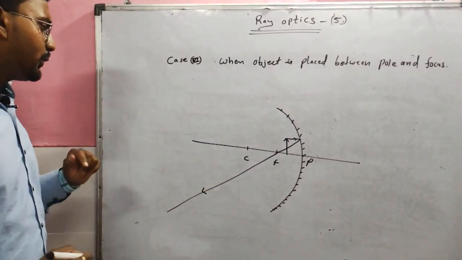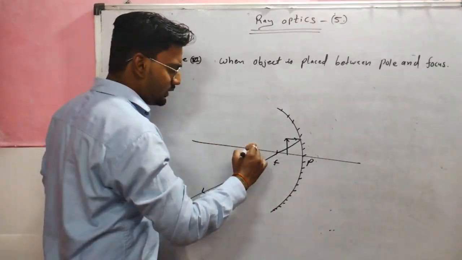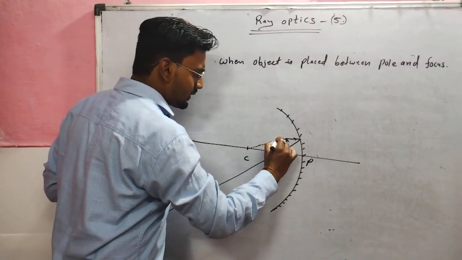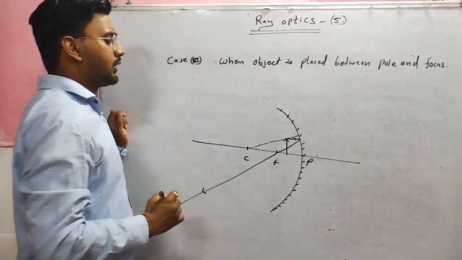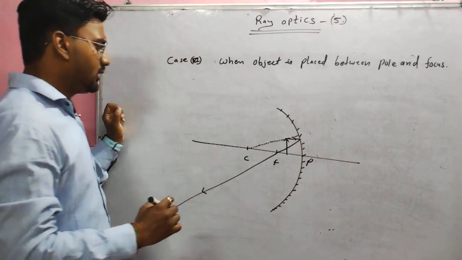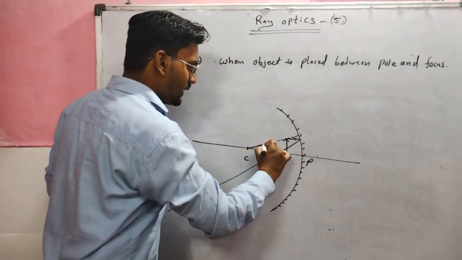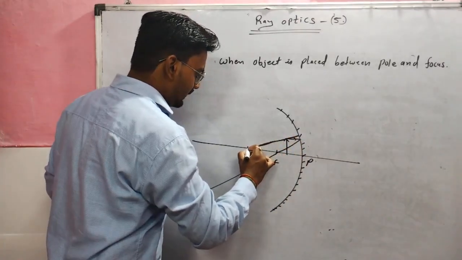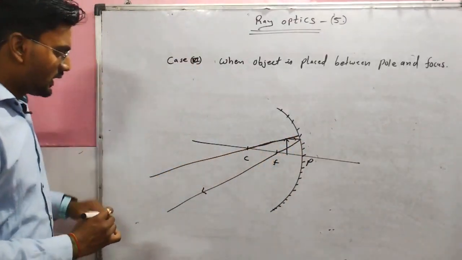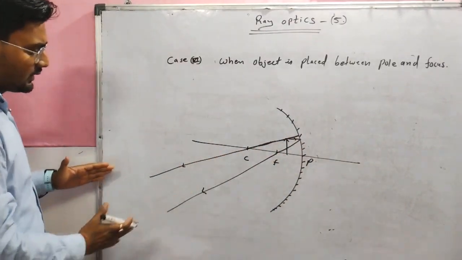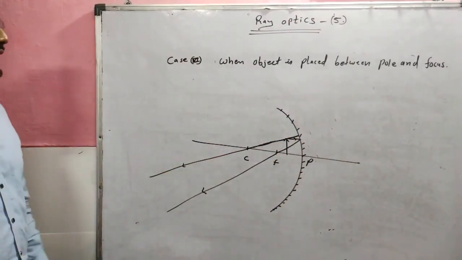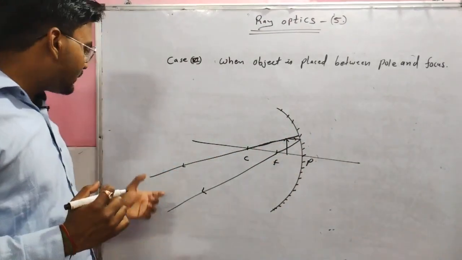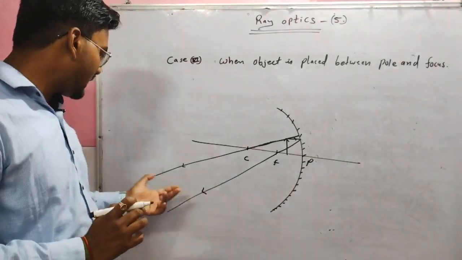And the second point we are taking, when light ray is coming to the center of curvature, then it bounces back with the same path and it will pass from the center of curvature. And these light rays, we say that these are the diverging light rays. And we know that diverging light rays never meet at any point.